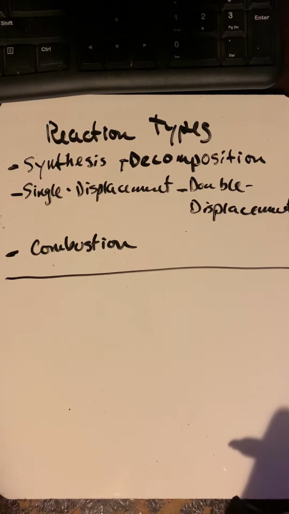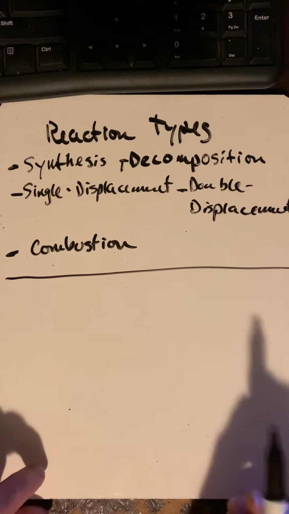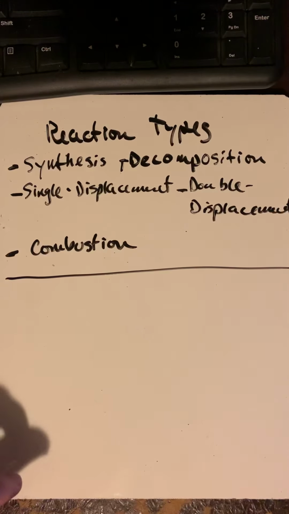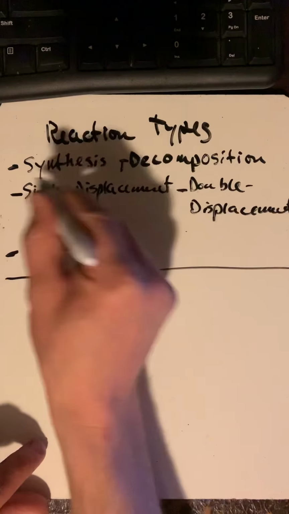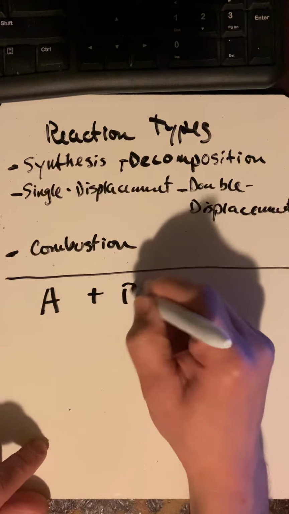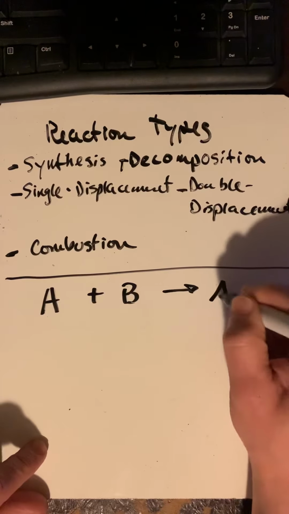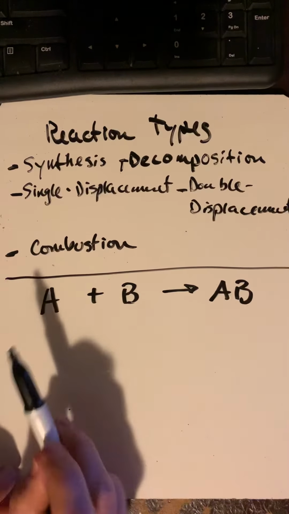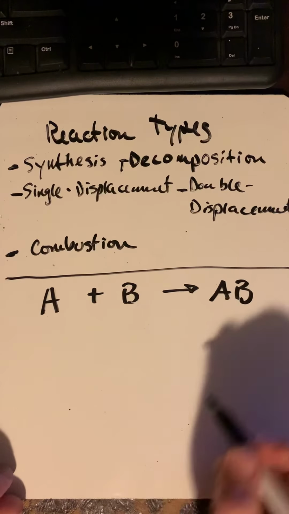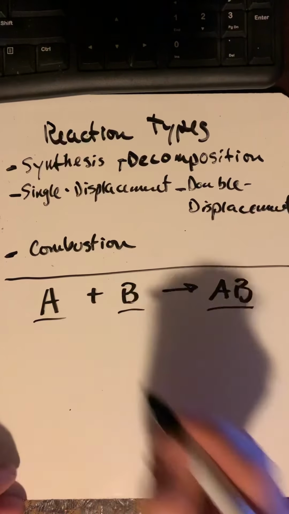Okay, so what does a synthesis reaction look like? Well, the word synthesis means to make something. So in synthesis, we make one new thing out of 2 or more simple reactants. Okay, so this is a synthesis reaction. It has one product and it has 2 reactants.